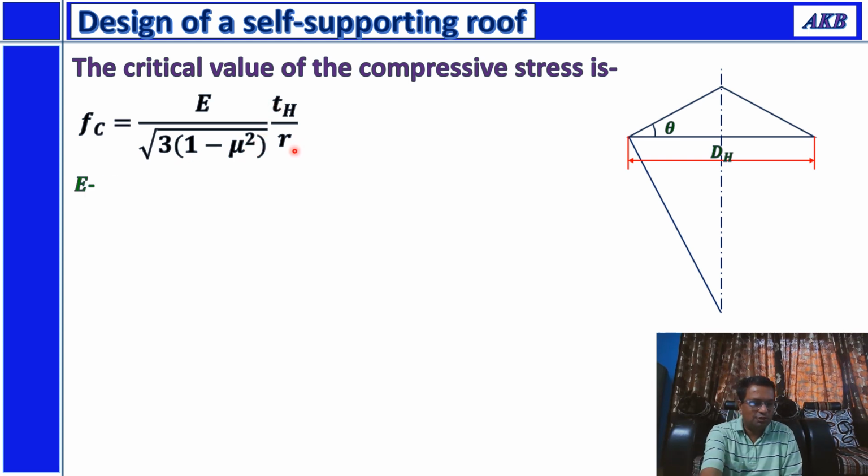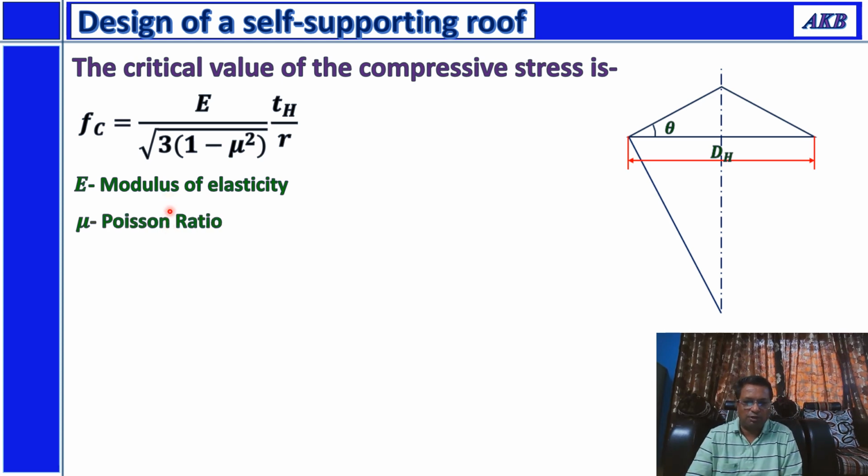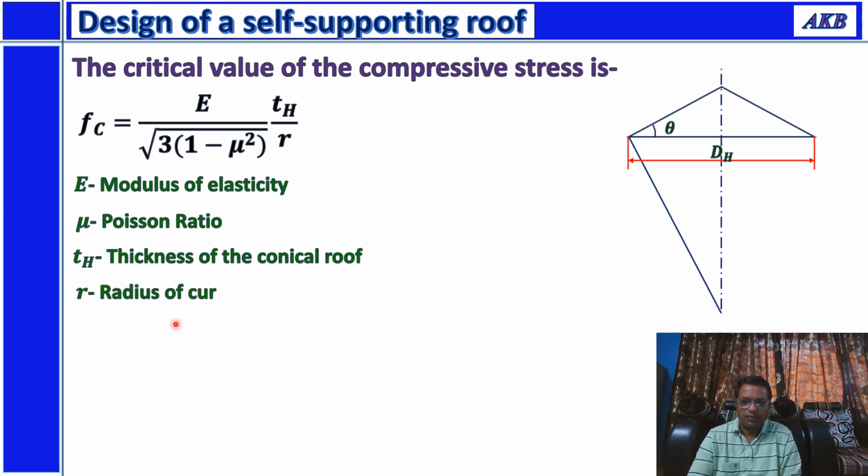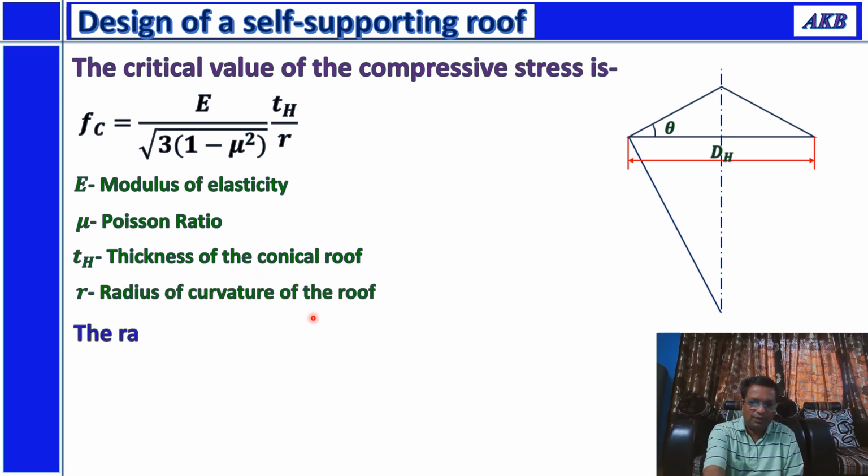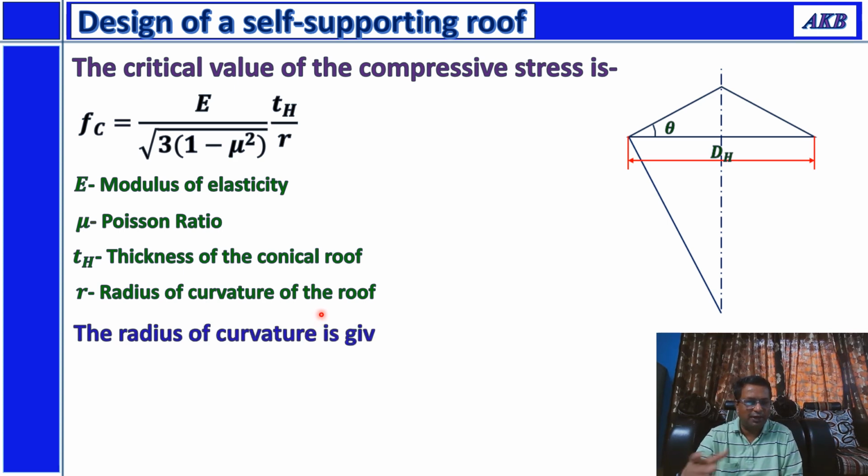What are the terms involved in this equation? E, capital E, is the modulus of elasticity for the material, and we are talking about mild steel. Then mu is Poisson ratio, it will be 0.33. Th is the thickness of the conical roof. R is the radius of curvature of the roof, and you can calculate it from the radius of the roof.